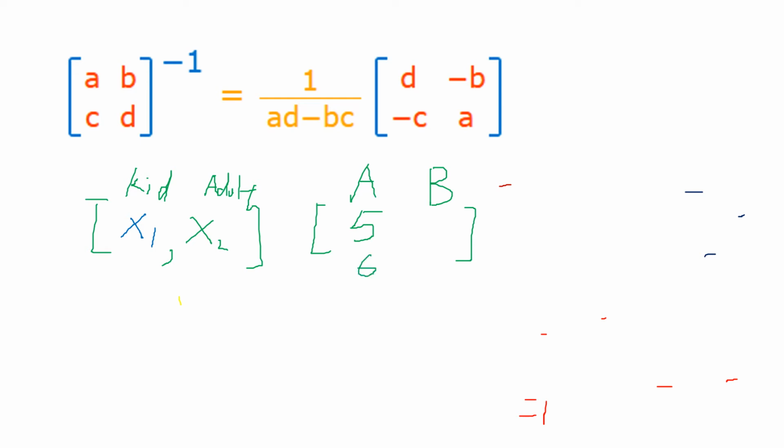And for park B, the kids fee is $3, but for adults it's $4. And in park A, the family has spent maybe $33.